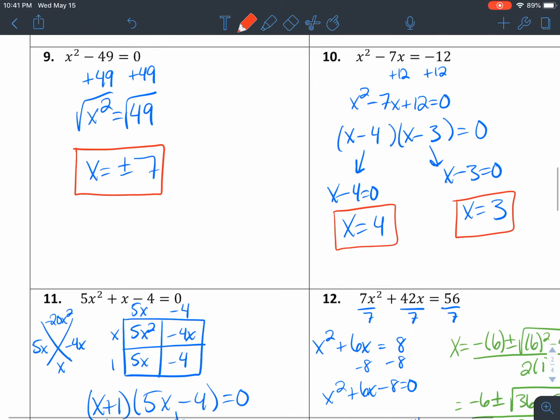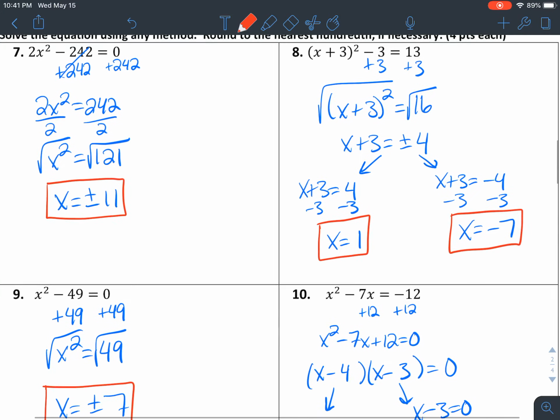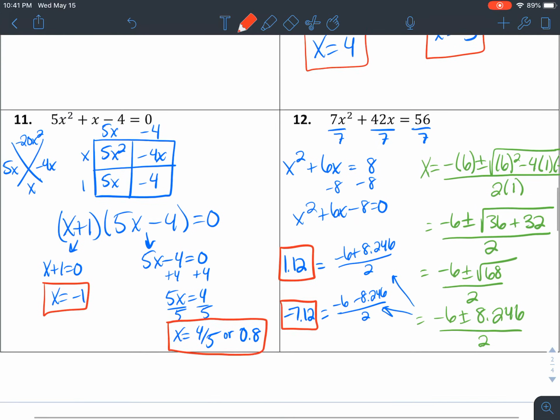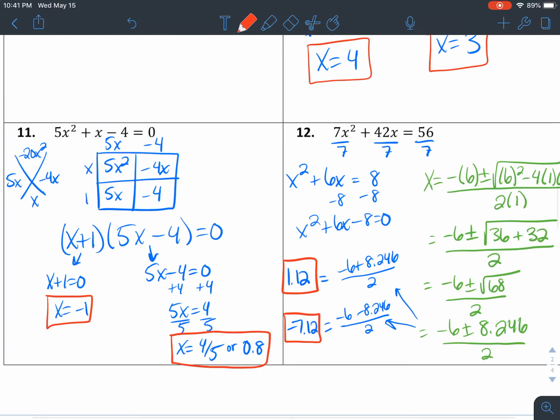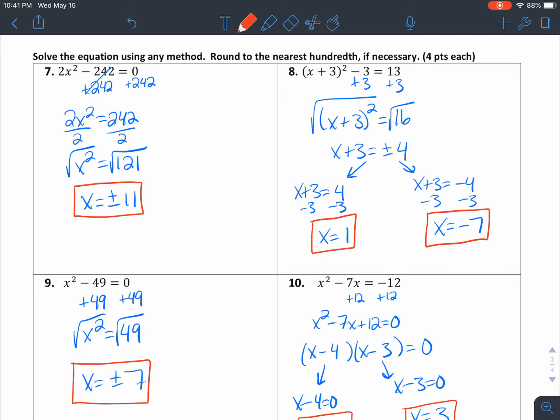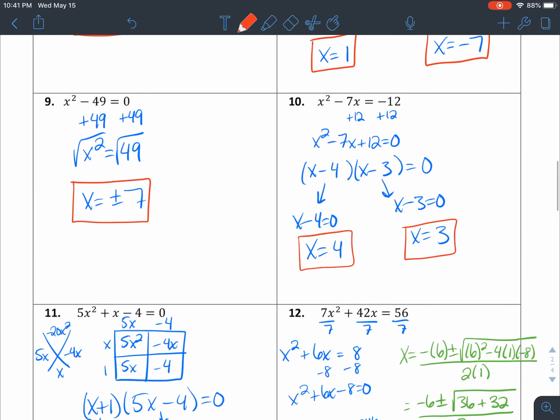That does it for page 2, which is all of our solving quadratic equations. This is a mix of different places in the textbook chapter where you would go for additional help. 7, 8, and 9 are all solved using square roots, which is 9.3.